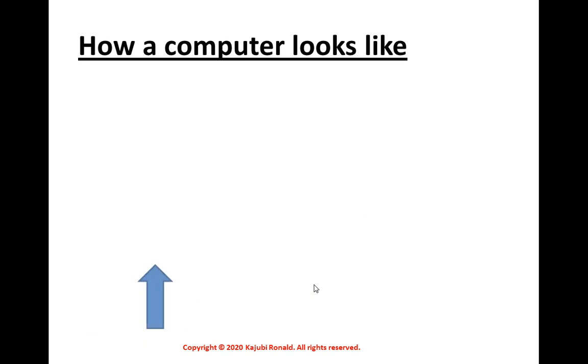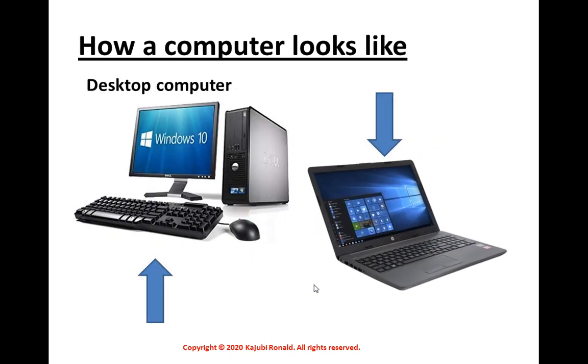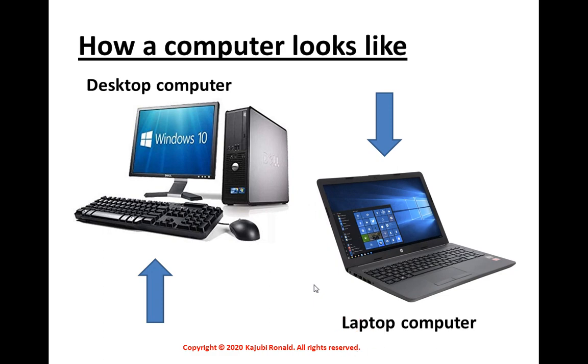Let us see how a computer looks like. Computers are of different types. We have computers called desktop computers, the big ones that have got these basic parts. This one, this one, this one, this one.